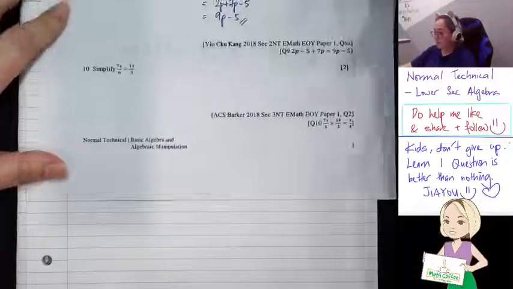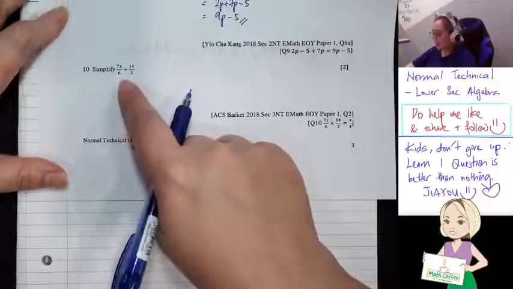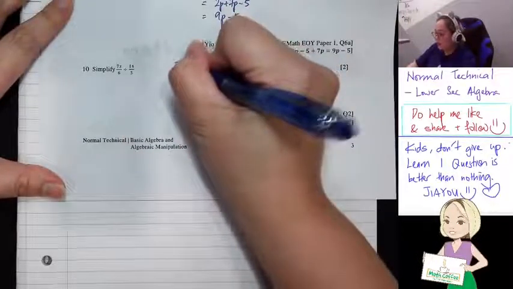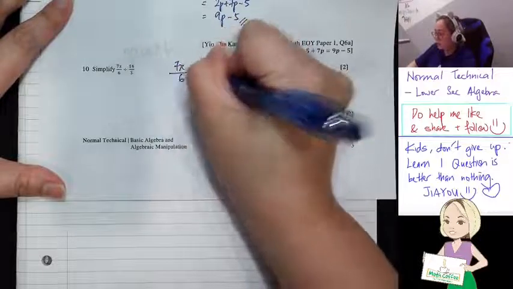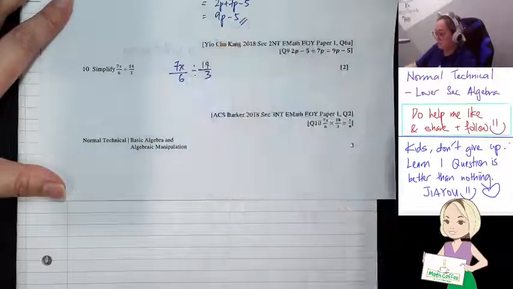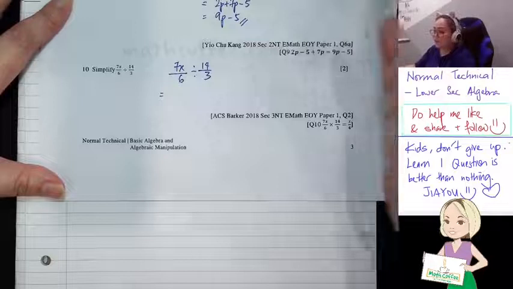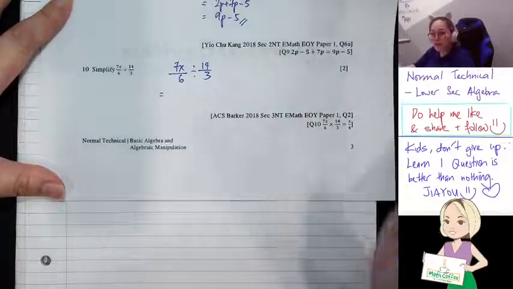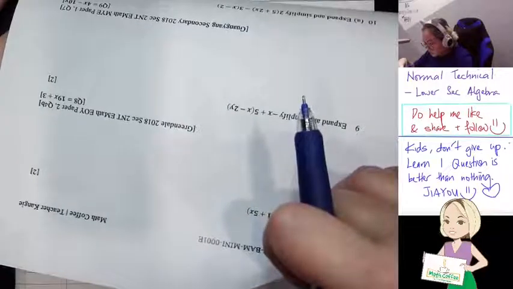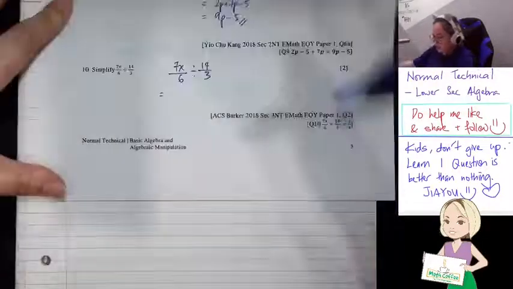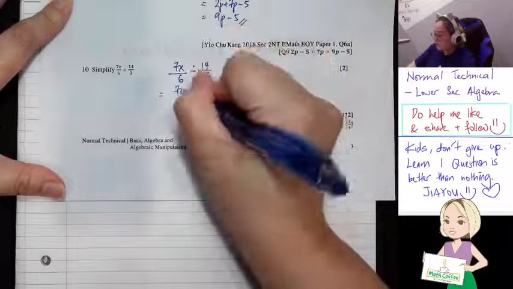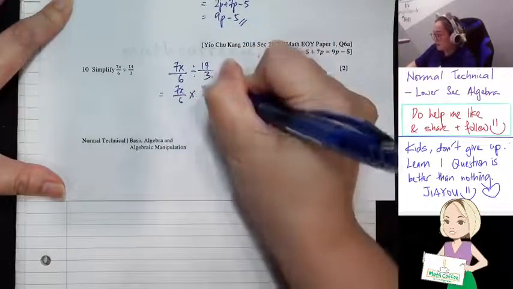Okay, let's move on. Haha, fraction algebra again. So we have 7x over 6 divided by 14 over 3. So we will say keep, change, flip, right? Keep, change, flip.